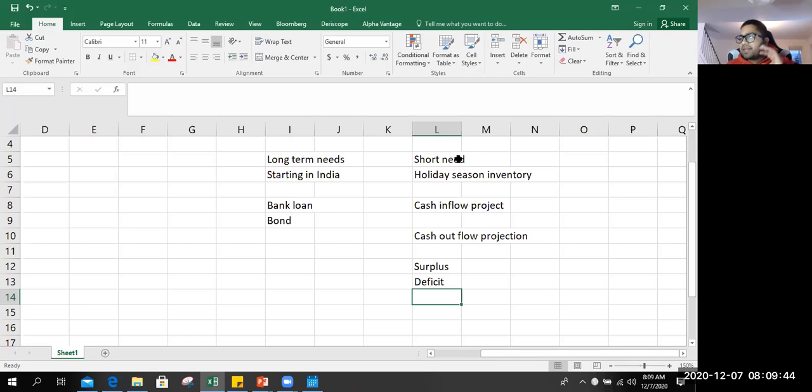To find those needs, we create a projection for the whole year of whatever cash inflows we are expected to get and whatever cash outflows we are expected to have. From that, we figure out whether we have a surplus in the month, which we can invest for future needs, or use to pay dividends, or there is a deficit. If there is a deficit, then we have to borrow.